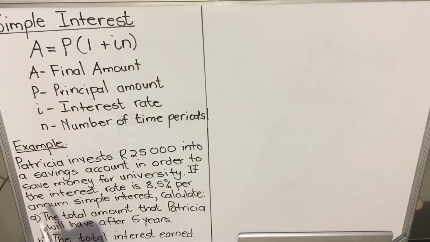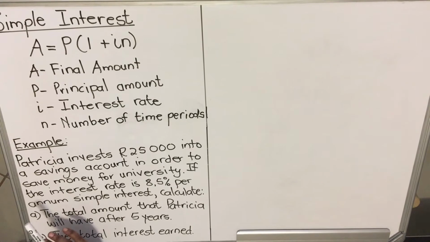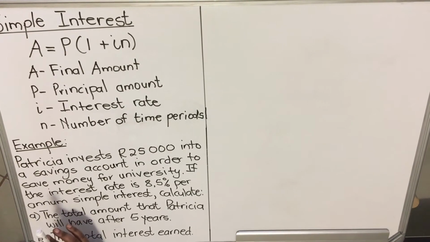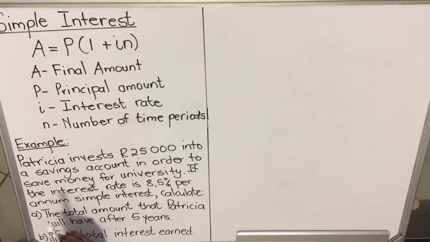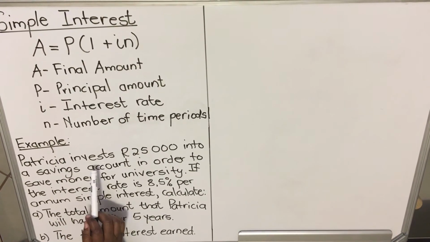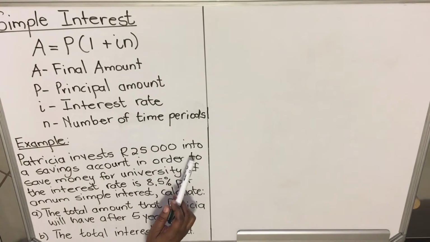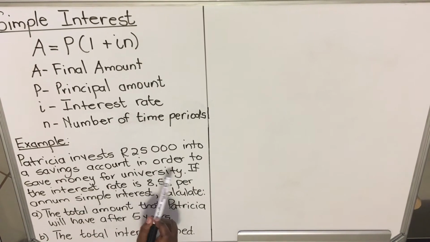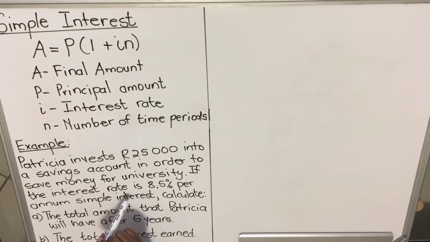Let's look at an example. In financial maths they give you a story. You have to read the story, read it twice to understand it. It says Patricia invests 250,000 into a savings account in order to save money for university.